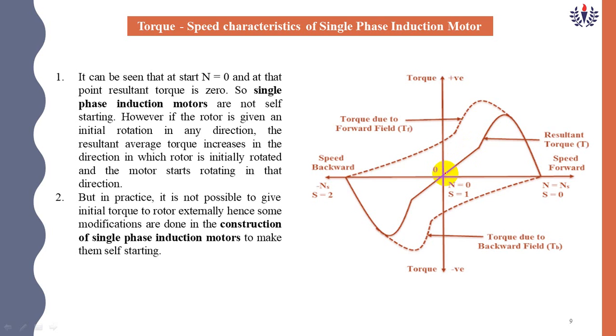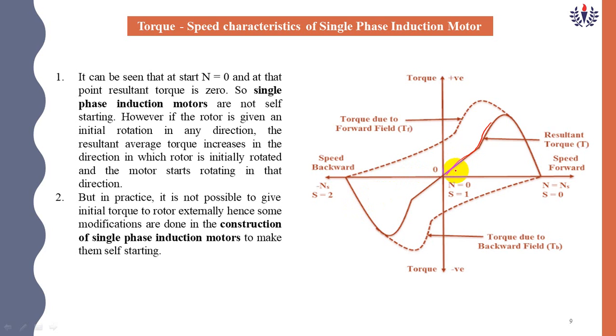Because of the increase in the speed, the value of the torque also increases slightly, and the rotor initially rotates and the motor starts rotating in that direction. This positive side is nothing but forward. Then in reverse it will be the same. In backward, the same concept applies.